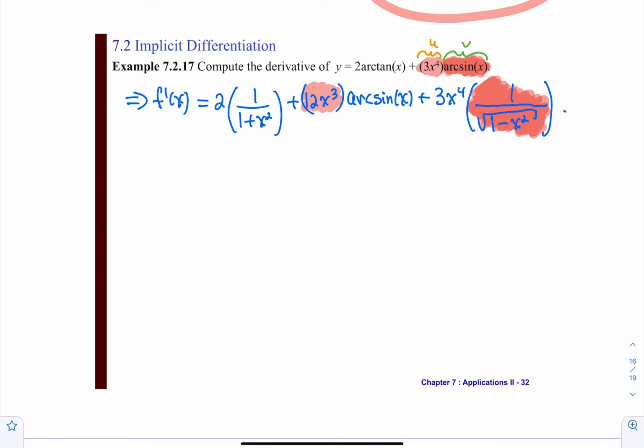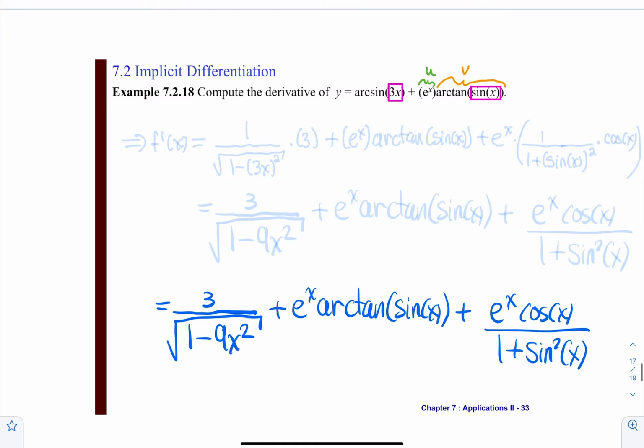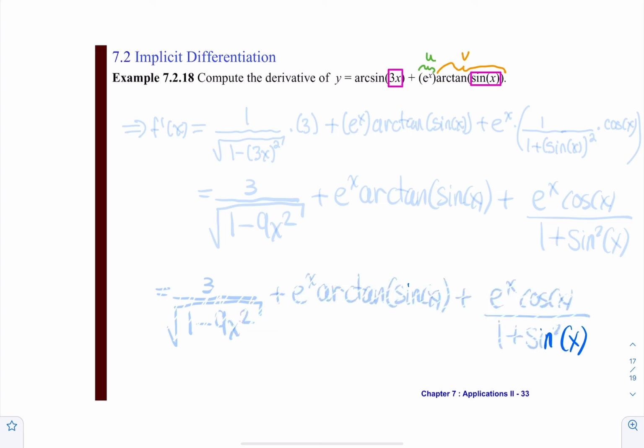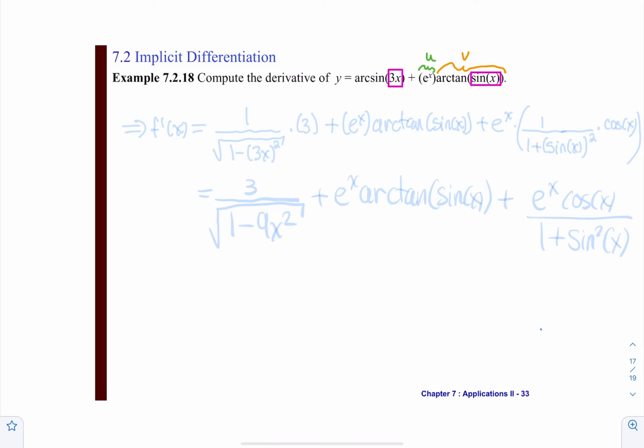Next example, let's compute the derivative of arc sine of 3x plus e^x times arctan of sine of x. We're mixing the brand new formulas for arctan, arc sine, and arc cos with previous rules of differentiation, but the ideas are absolutely the same.